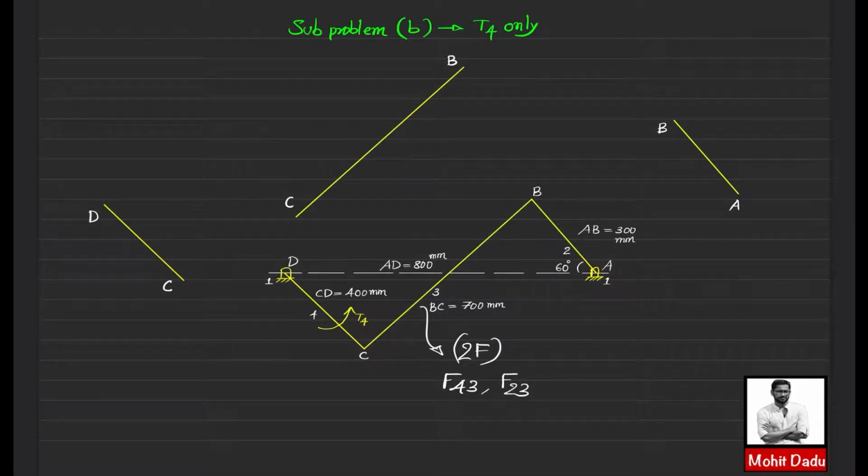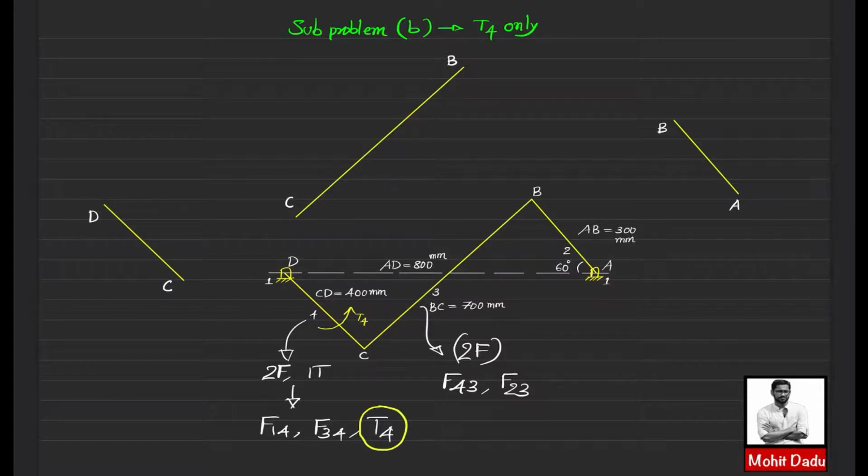Next, the link 4 is subjected to an external torque, along with it is making contact with two other members. So this will be a 2 force and 1 torque member. Those two forces you can name as F14 and F34, and the torque T4 which is acting is actually the external torque.